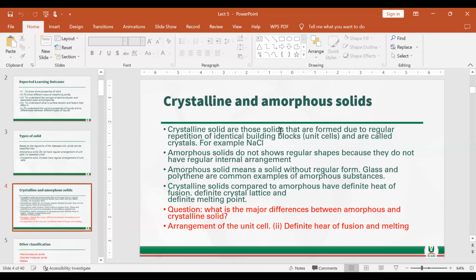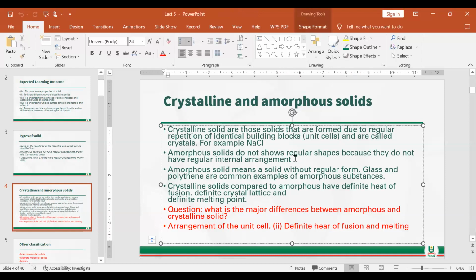So an amorphous solid means a solid without regular form. Glass and polythene are common examples of amorphous solids.